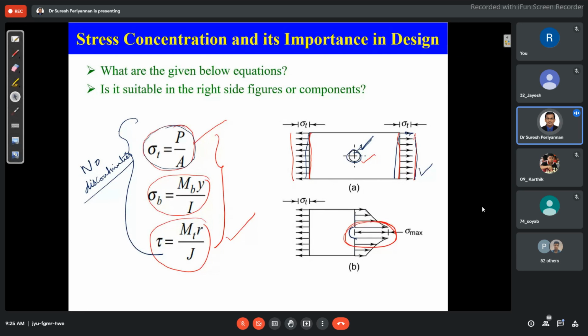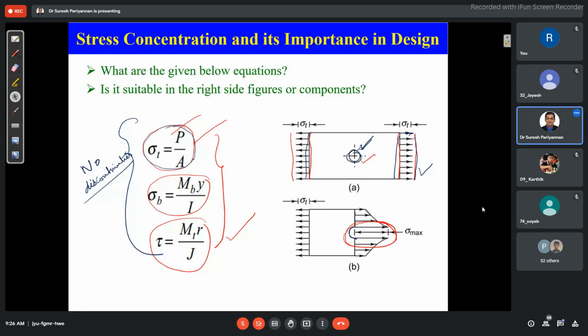Also, abrupt changes in shape create more stress as compared to the stress obtained from the normal standard test.